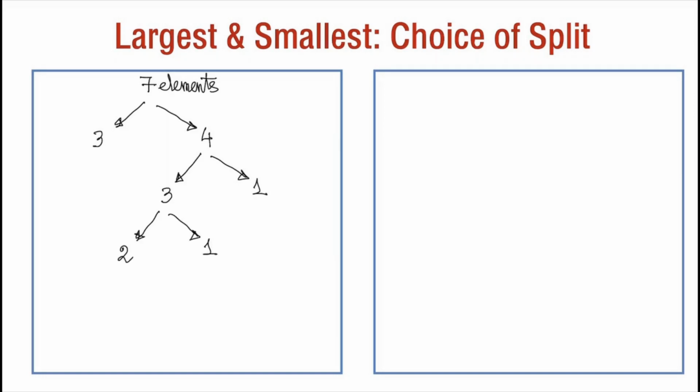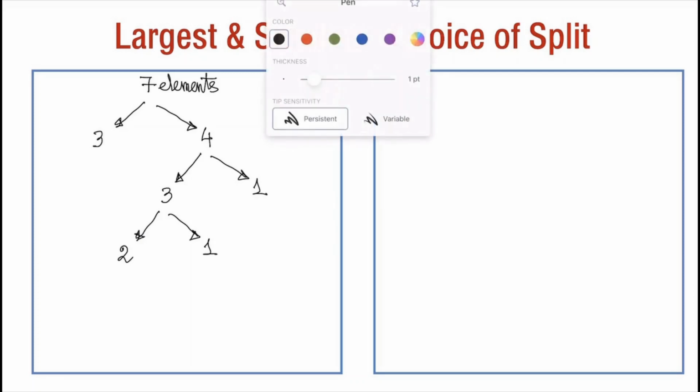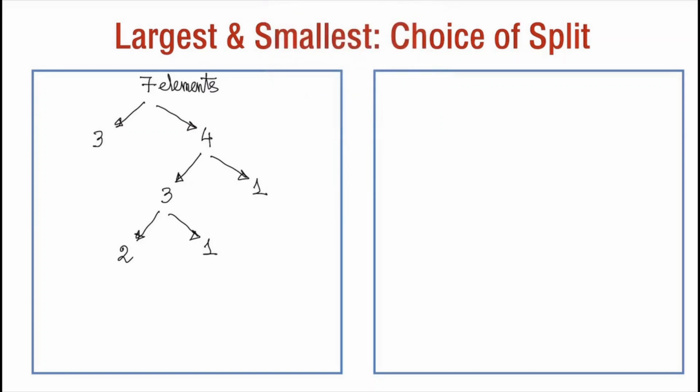Here these are not values, these are the number of elements in the list. So we already know that the number of comparisons for 2 elements is 1, for 1 element is 0, and for more than 2 elements is 2.